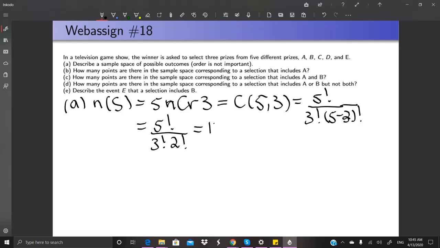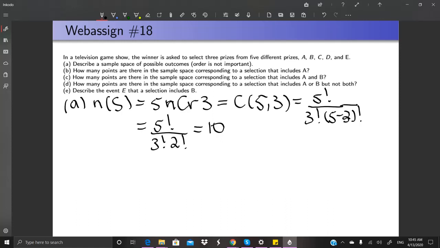But any way you do this, you should get 10. When it says describe a sample space, they want you to actually give the set S and list its elements. Now we know we have 10 of them.